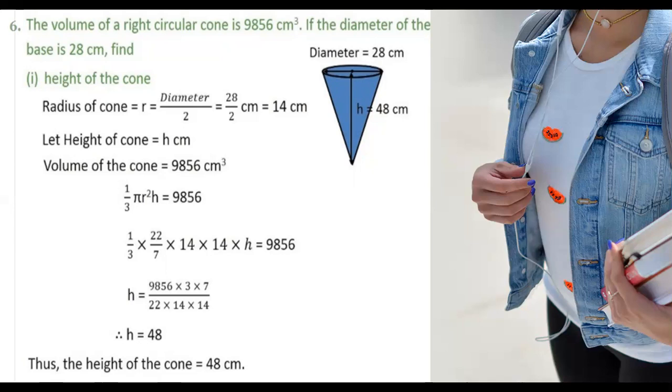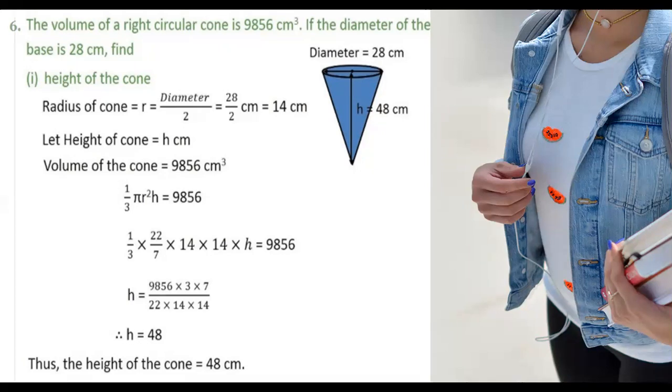Now we need to find the height. Let us suppose the height as h centimeters, since volume and diameter are in centimeters. So the radius of the cone will be diameter by 2, that is 28 by 2, which is 14 centimeters. And height we supposed as h centimeters. So the volume of the cone is given as 9856 centimeter cube.